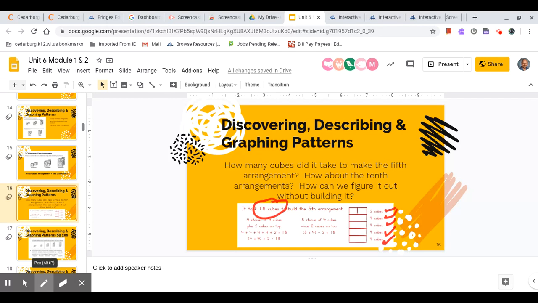But now let's say we don't have the cubes in front of us, and how can we predict how many cubes it would take us for the 10th arrangement? Now, there should be some math pattern or math equation we can figure out to figure out how many cubes needed for that 10th arrangement.